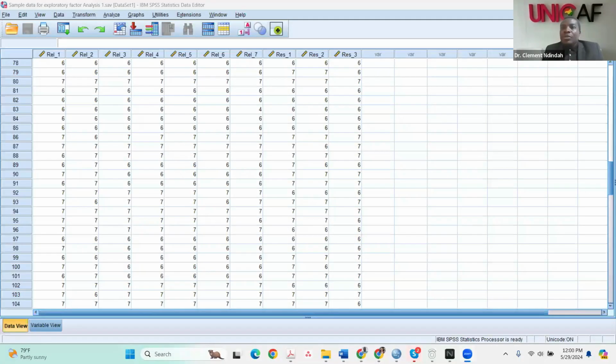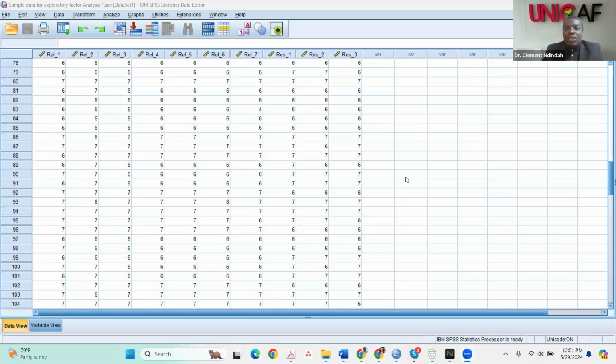Today we'll be talking about exploratory factor analysis. Before we start, I would just like to highlight what we mean by factor analysis. Generally, factor analysis is seen as a variable reduction technique.